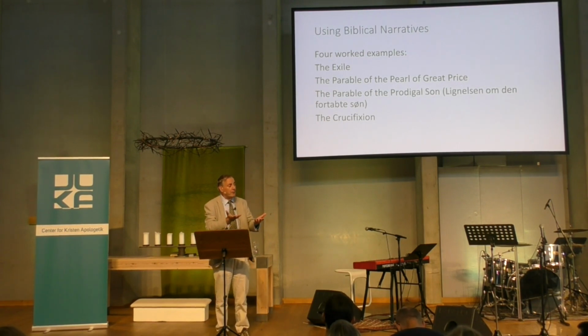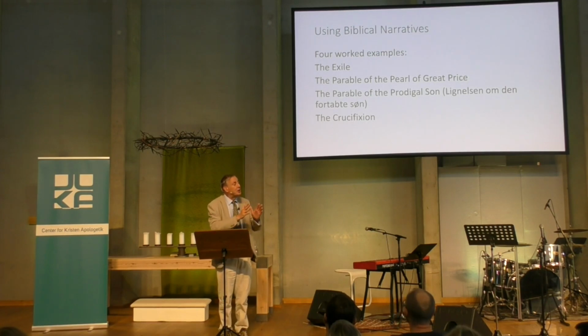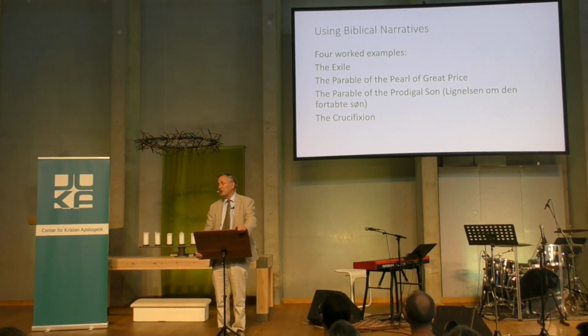This pearl suddenly brings out how inadequate everything else is. And the merchant realizes he has to have this pearl. It's so special. And I'm sure you could provide lots of other examples of this. But you see, the point I want to make is this. This can be used very effectively to explore an apologetic theme.